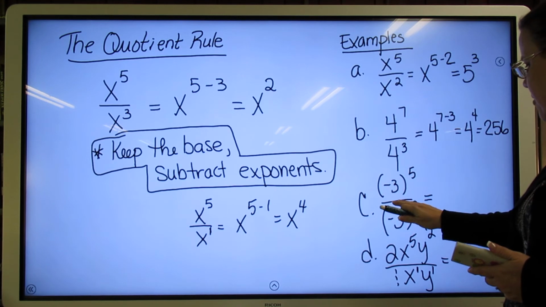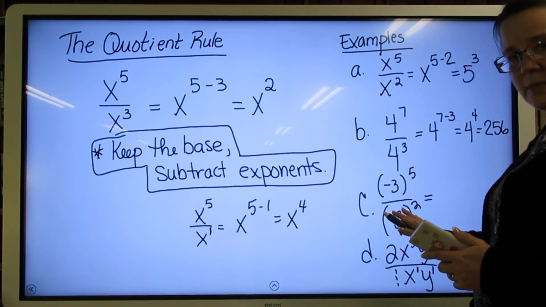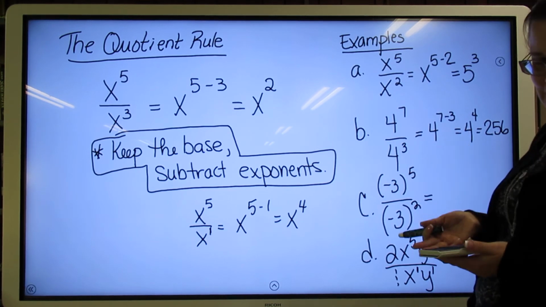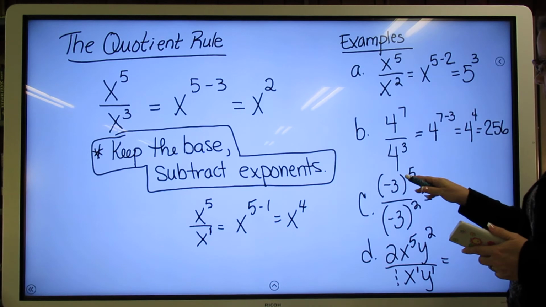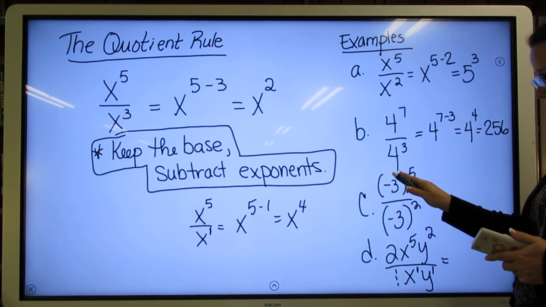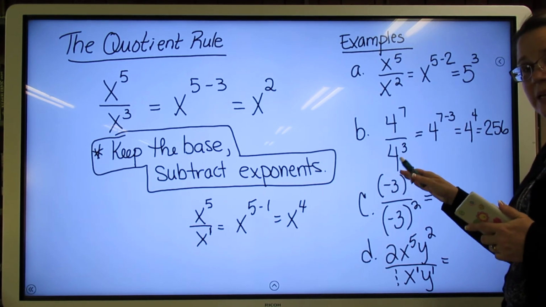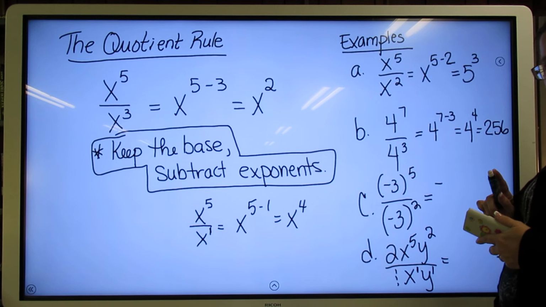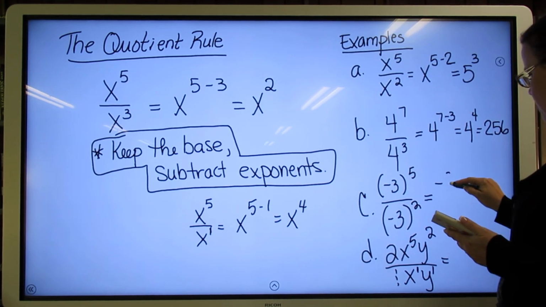Negative 3 to the 5th power divided by negative 3 squared. Well, you would have to find out what these numbers are first before you divide or reduce or whatever, so let's do that. I can tell you that if you have a negative base and you have an odd exponent, then the answer is going to be a negative answer. So it would be negative. And then you do 3 to the 5th power, and you get 243.